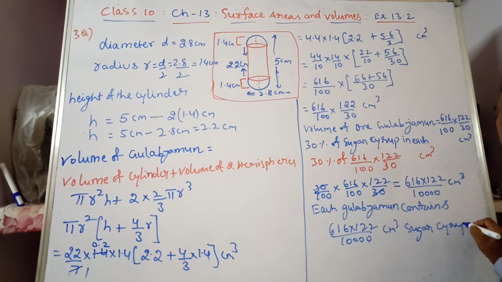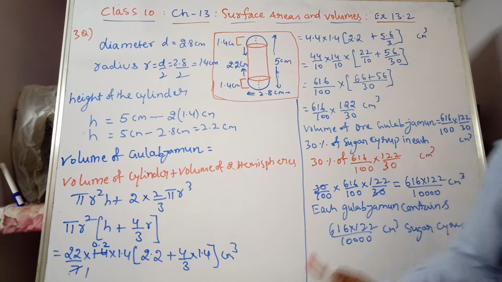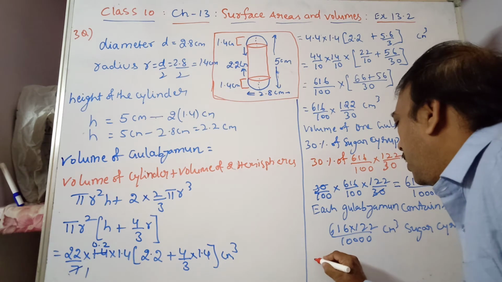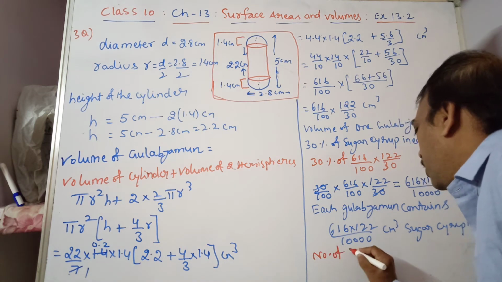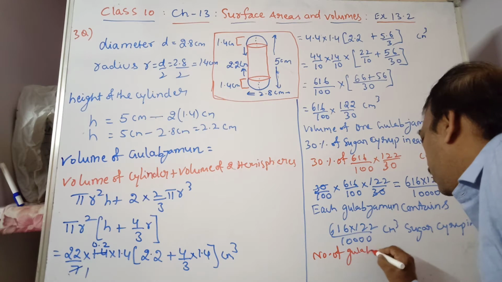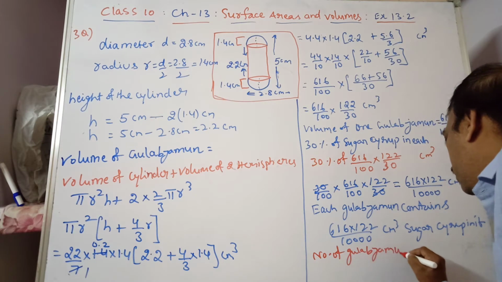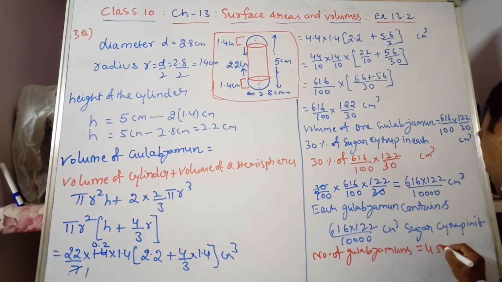Now like that, how many gulab jamuns are there? 45 gulab jamuns are there. So the number of gulab jamuns is equal to 45.